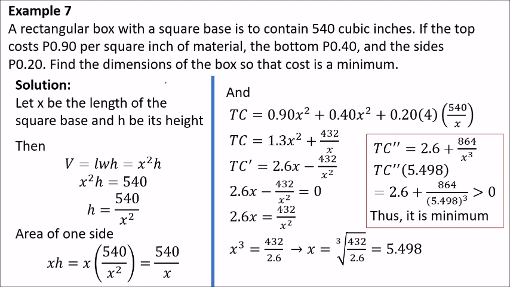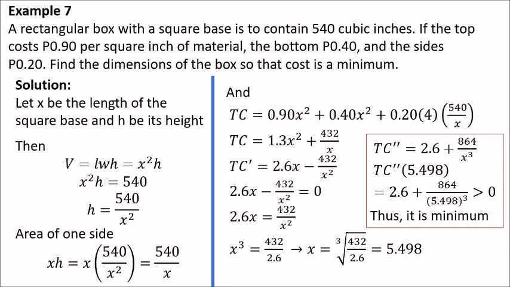Solution, okay? So, since this is a word problem, we have to represent some variable here. Let x be the length of the square base, and then h be its height. So, length and width here are equal kasi nga square base. So, x lang. X times x. So, the volume of the box will be from the formula length times width times height.